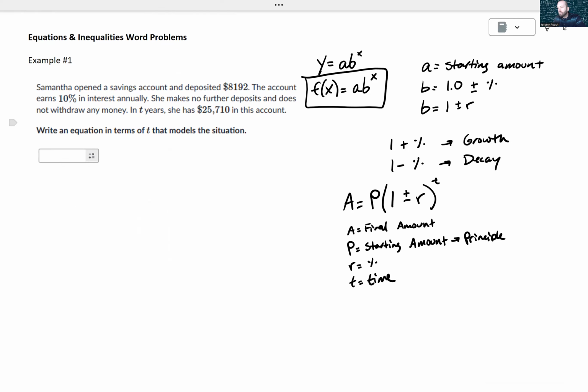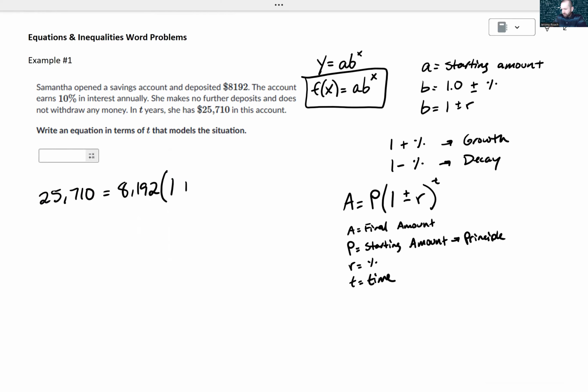And we want to write an equation that shows the situation. So it doesn't want us to solve for how long it took. We could do that, but it just wants us to write the equation for this. So at the end, her final amount is $25,710. Her principal starting amount is $8,192 times 1.